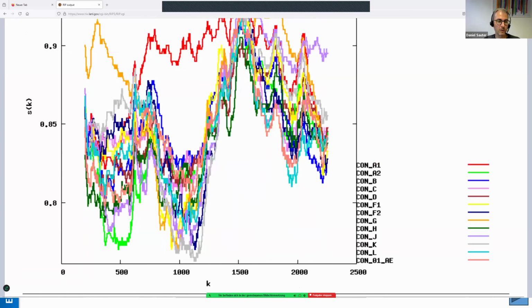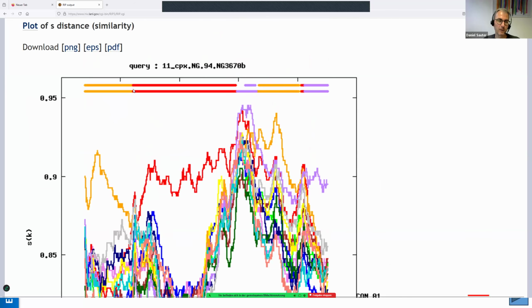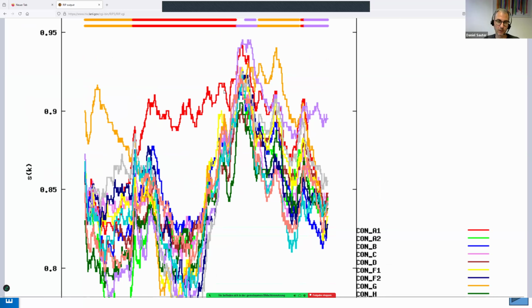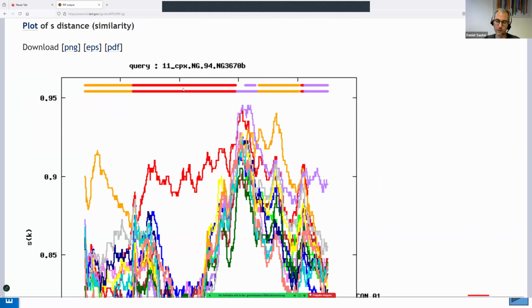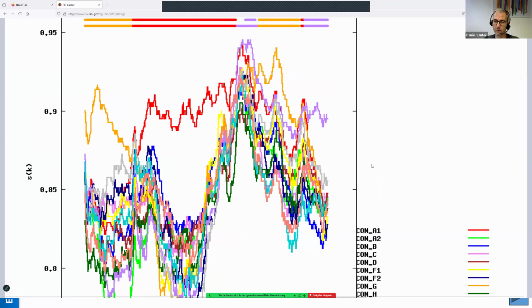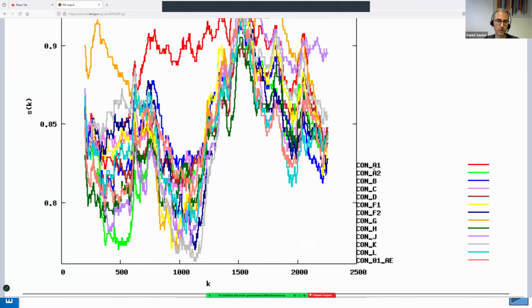In contrast, the similarity to other subtypes in that region of the genome is much lower. That's why this similarity value is below 85% here. But then what you can also see is that suddenly there seems to be a breakpoint, and that starting from here in the genome, the red virus is more similar to our virus, and red refers to subtype A1.